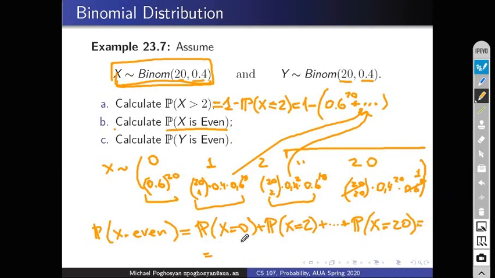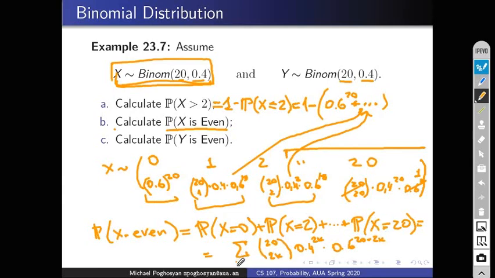So let me write in some form. So 20 choose 2k, because we are talking about only even numbers, times 0.4 to 2k times 0.6 to 20 minus 2k.